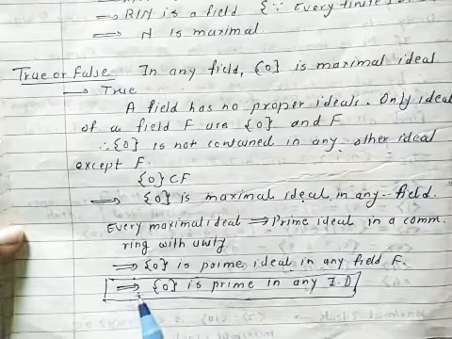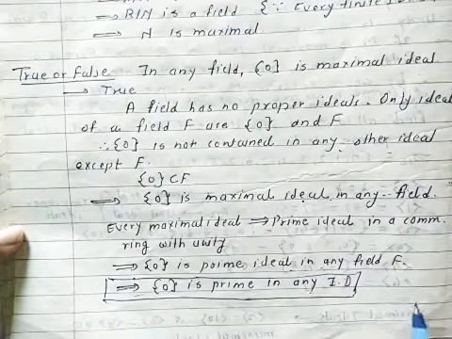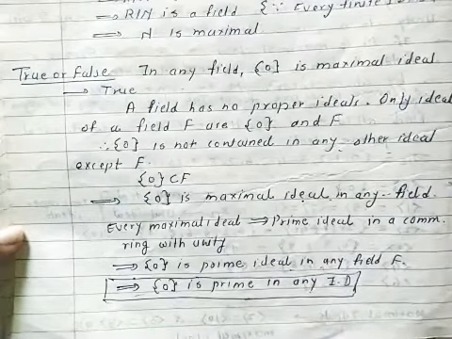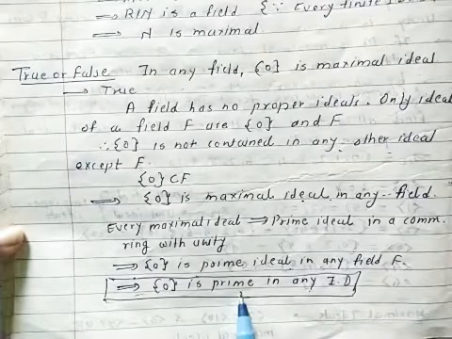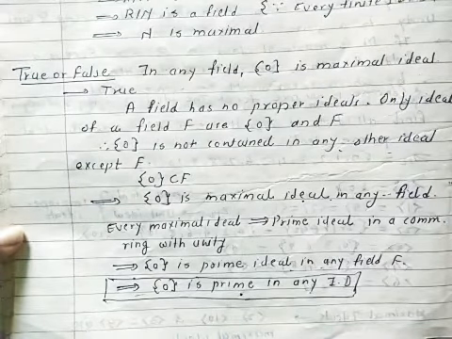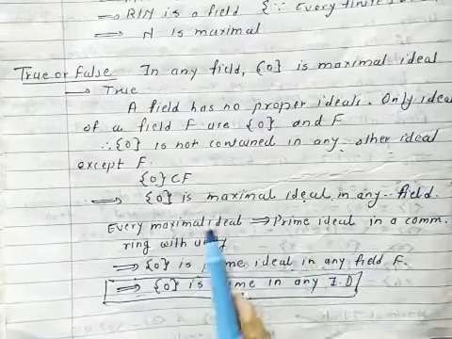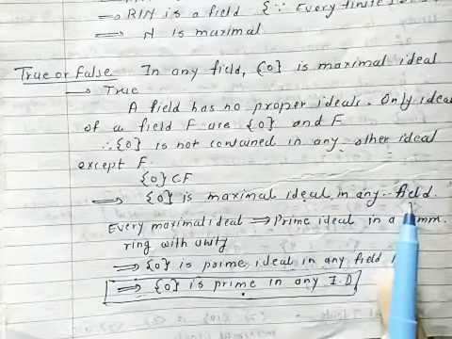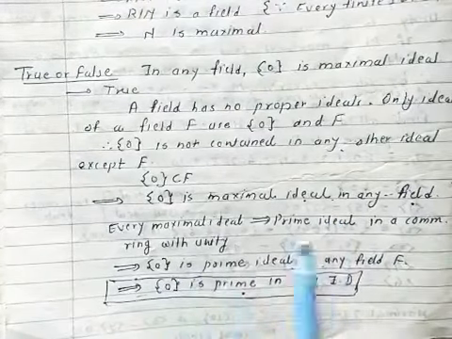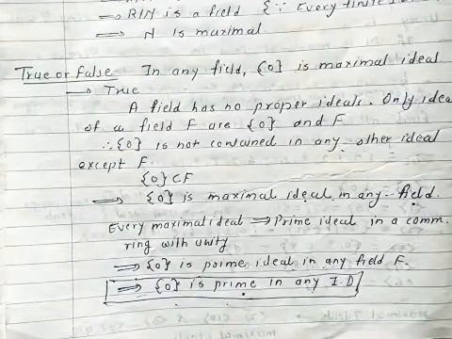And as we know that every field is an integral domain, we can say that 0 is a prime ideal in any integral domain. So remember that 0 is the maximal ideal in any field, and also that 0 is a prime ideal in any integral domain.